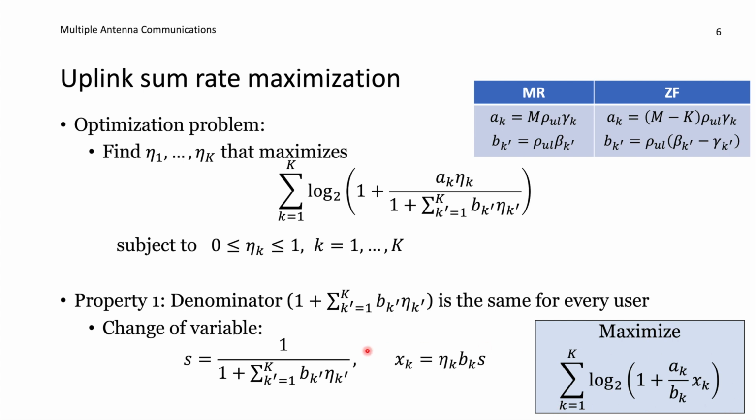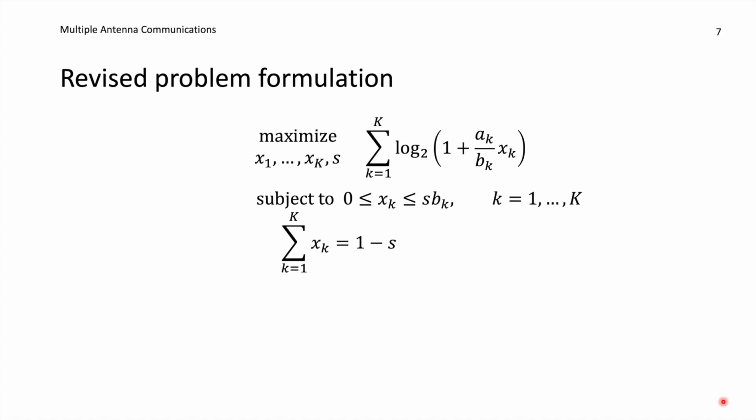Then we also need to keep track that s has a certain relationship with the etas, or with x, and that we have these power constraints as well. Our new problem formulation looks like this. We still would like to maximize the sum rate, but the sum rate is now expressed like this. We are not optimizing with respect to eta k, but x1 to xK.